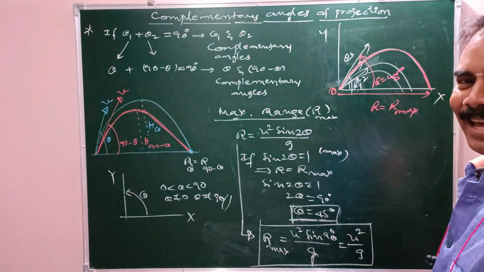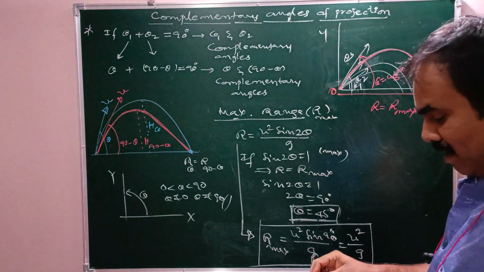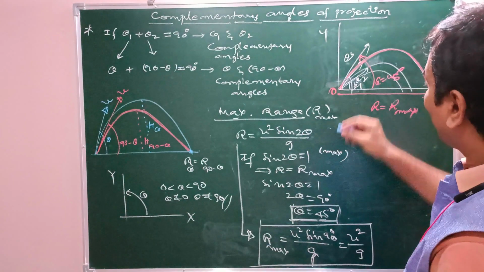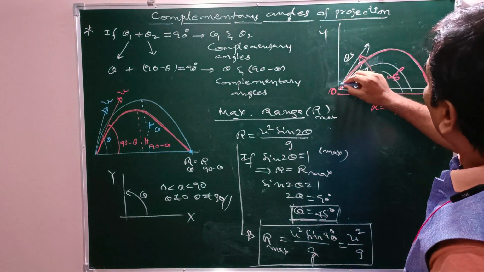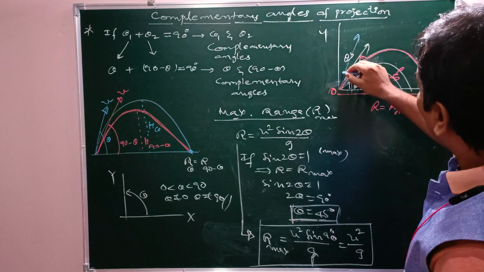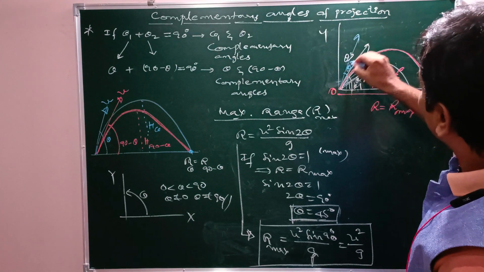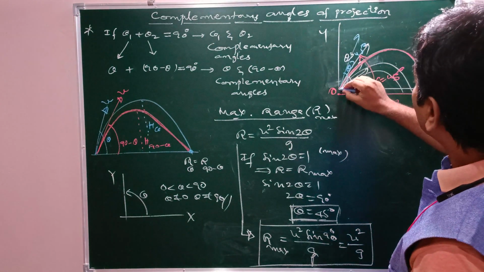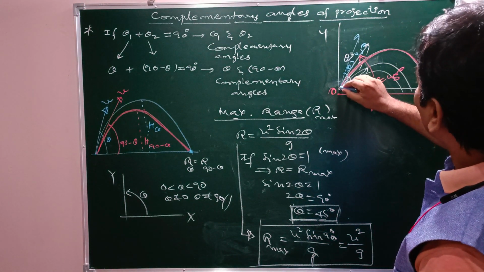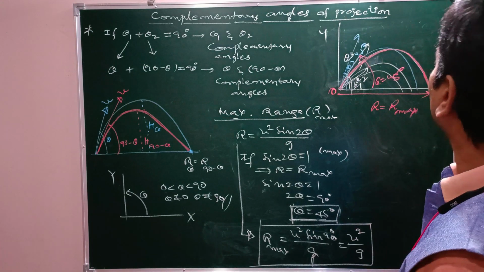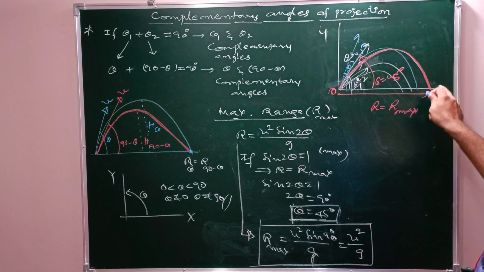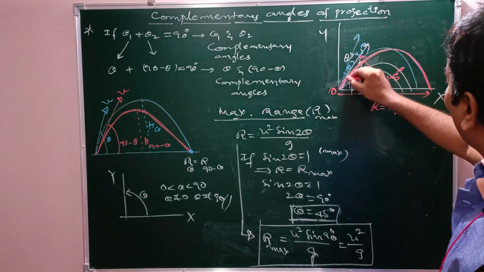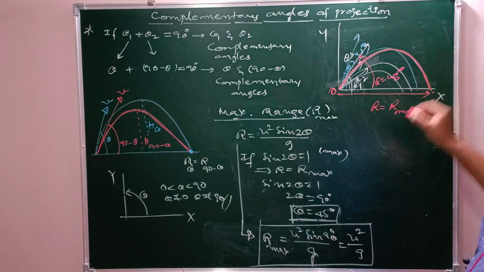If theta exceeds 45 degrees, or if theta is less than 45, then the body possesses some smaller range like that. So among all possible directions, the range is maximum here, expressed in red.